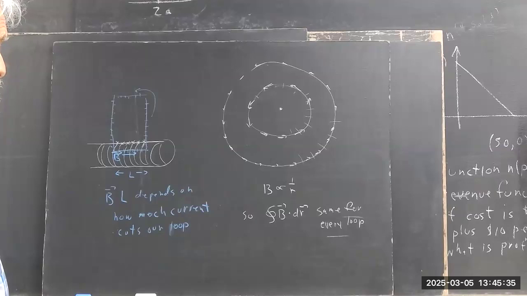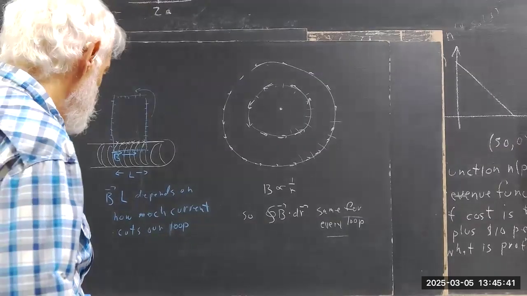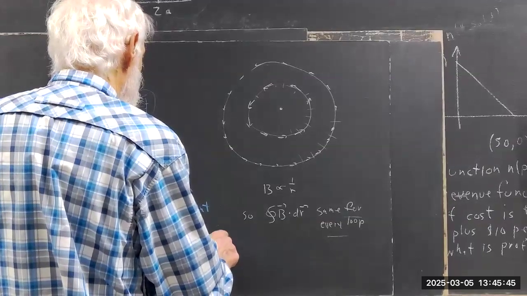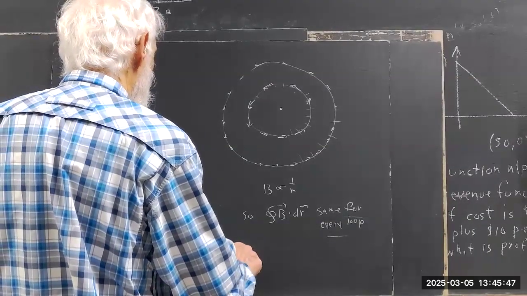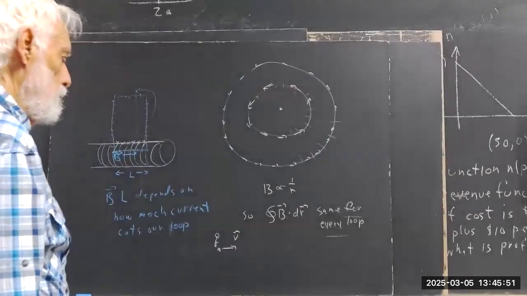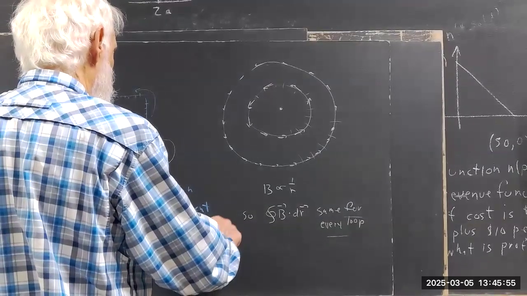And the last thing I mentioned is you've got a charge Q moving at velocity v inside a magnetic field.